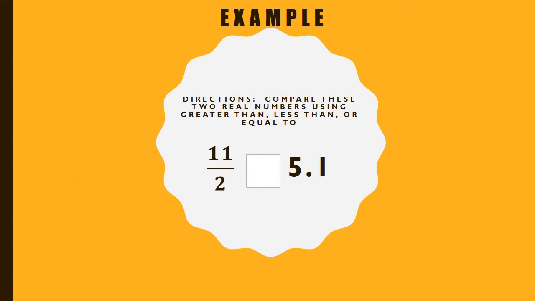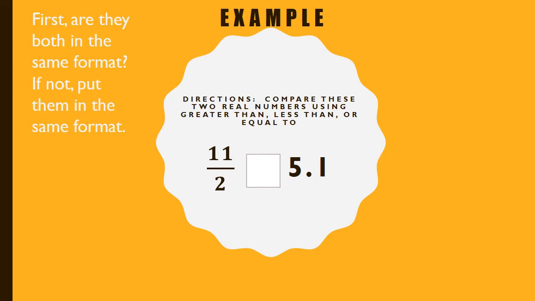So here's an example. We're going to compare these two real numbers using greater than, less than, or equal to. We have 11 halves and we have 5.1. Right now, this is hard to tell if they have different values or which one's bigger because they're not in the same format. So we're going to make them the same.